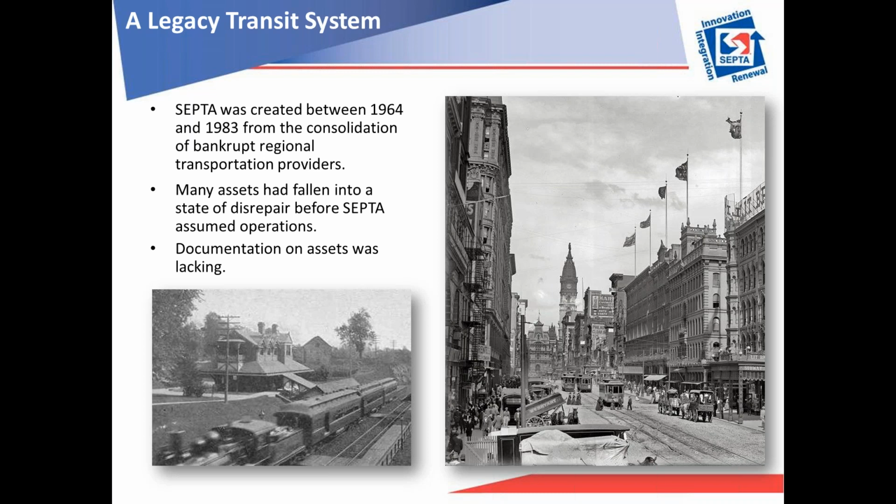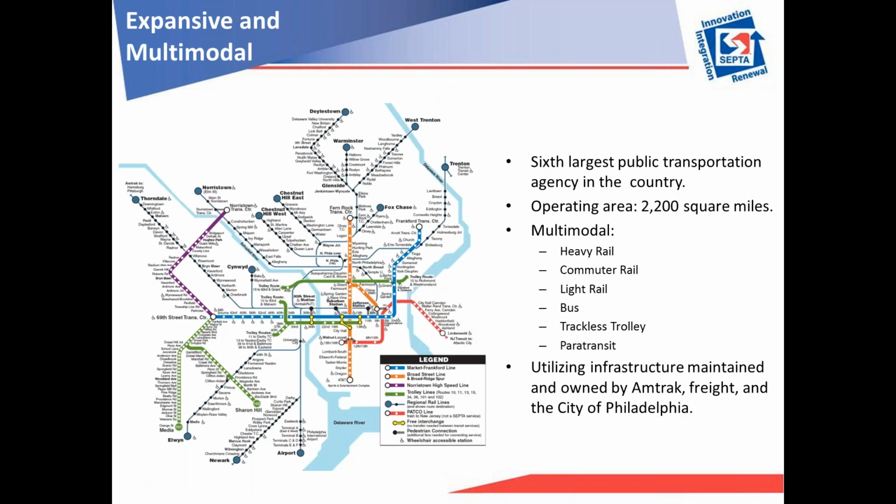We had the Reading Railroad, the Pennsylvania Railroad, the P&W, for all you rail buffs out there. A lot of these assets had fallen into a state of disrepair before SEPTA assumed their operation. Maintenance and record keeping were definitely not practices of these about to go bankrupt businesses, and this really became apparent when we took over the railroad in 1983.